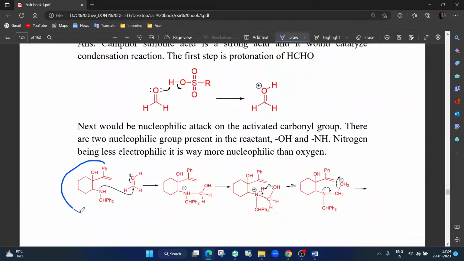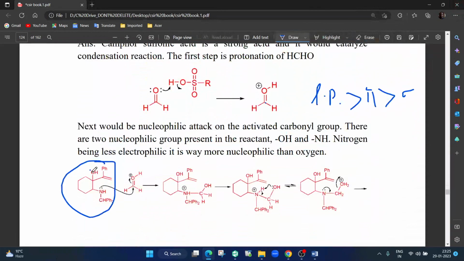Now here you have to look at what all can attack this carbon-carbon double bond. So the pi bond is there. For anything to attack as a nucleophile, you need high energy electrons. So lone pair has higher energy than your pi electrons, then you have pi, then sigma. So clearly this pi bond will not attack, either oxygen can attack or nitrogen can attack. In that also, which has higher energy?